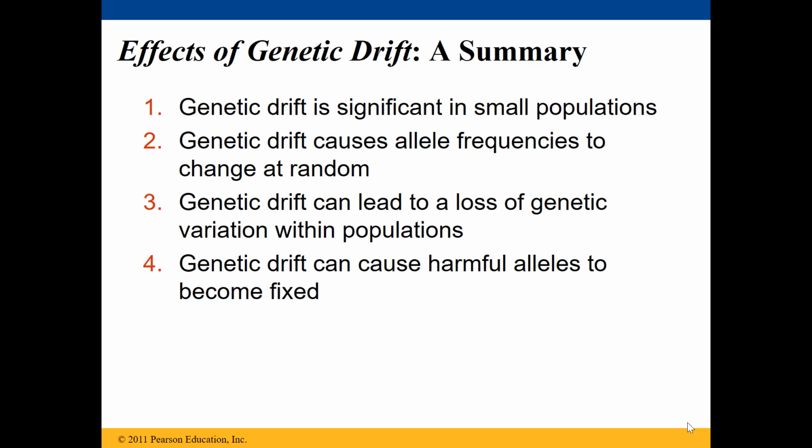Sometimes you'll see this written as the assumption is your population is infinitely large. It's kind of a silly assumption. Now, the math assumes that, but in reality, what we're getting at is that the population is large enough that drift isn't an issue. The population is large enough that even if you have individuals randomly not reproducing, it's such a significantly small part of your population, it doesn't matter.